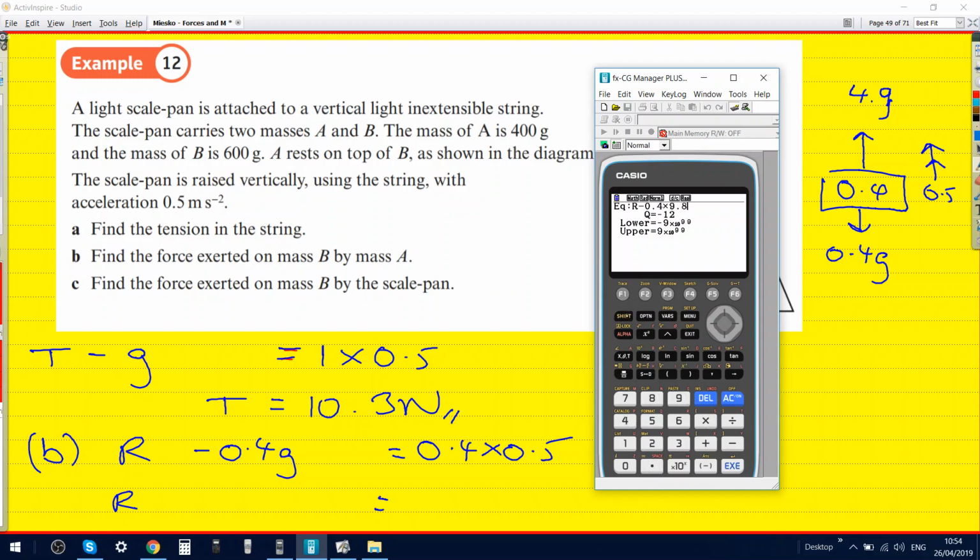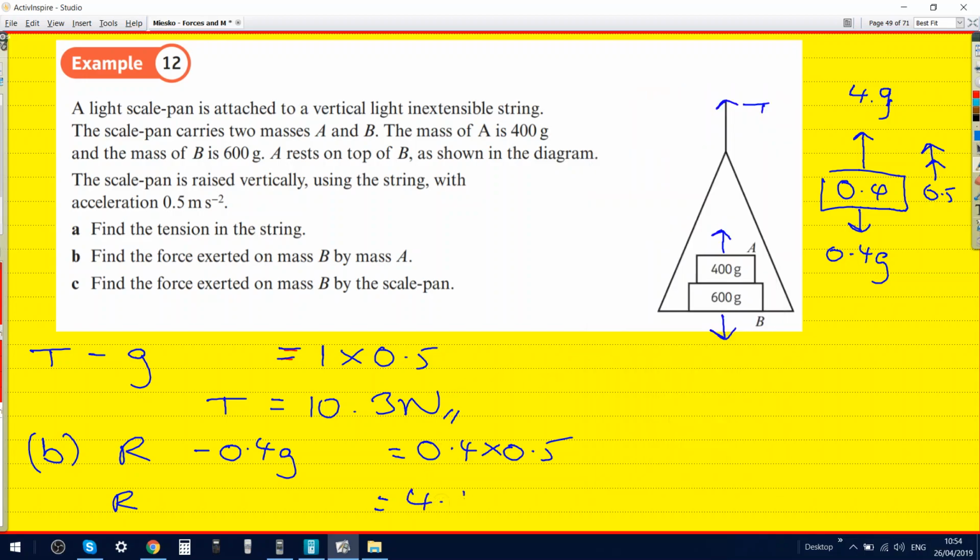I've got 4.12. Looks good. And then it must be 10.3 by 0.5. So that's overall is 10.3.